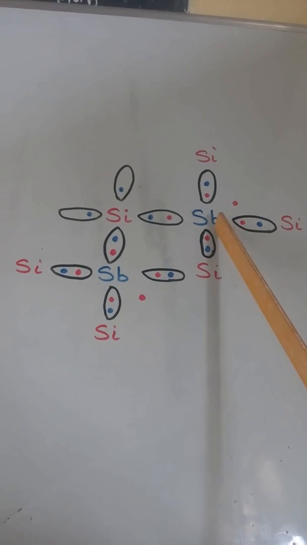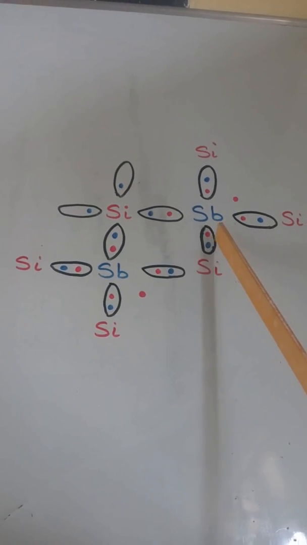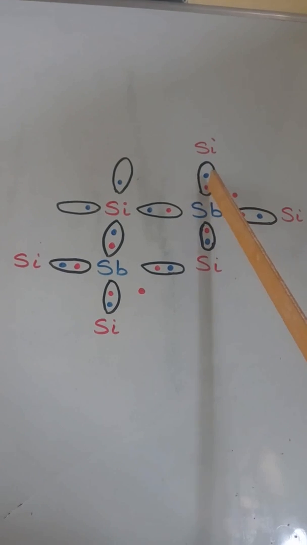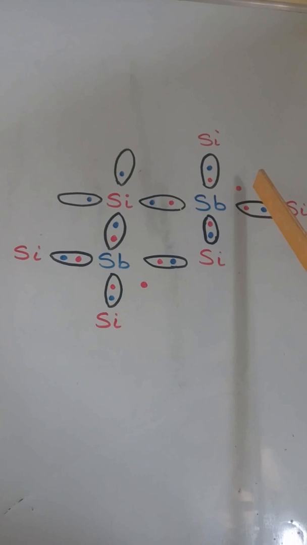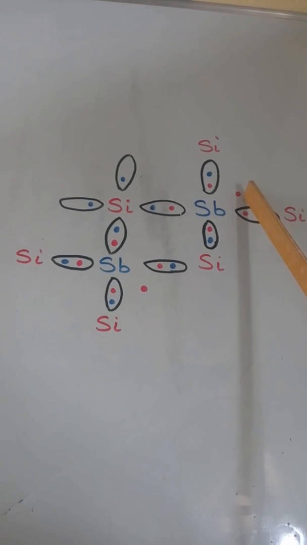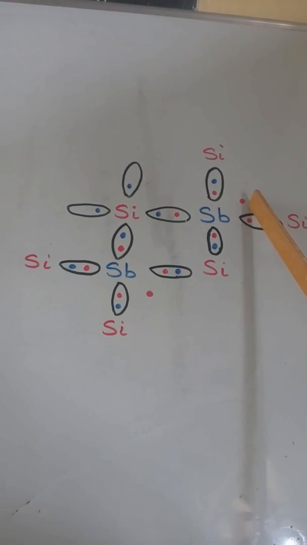Antimony has 5 electrons. 4 electrons have been bonded to the silicon atoms. Therefore, one unbonded electron is free to be excited to the conduction band to conduct electricity.